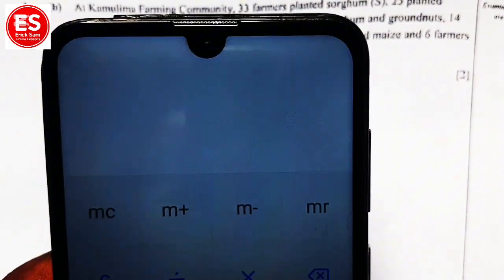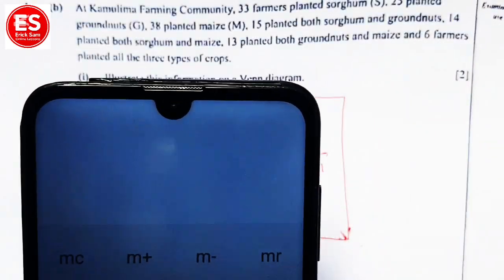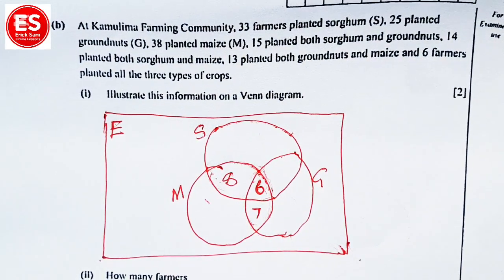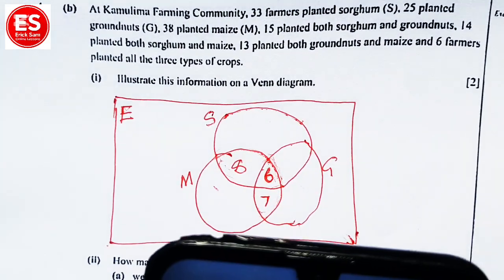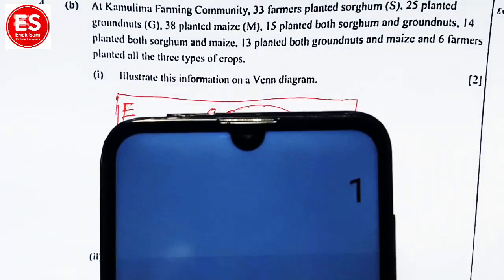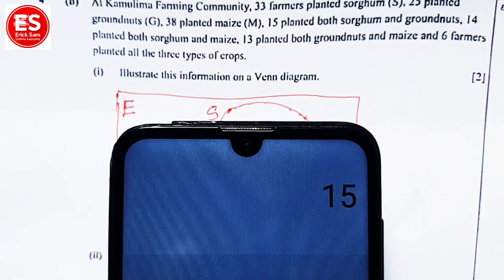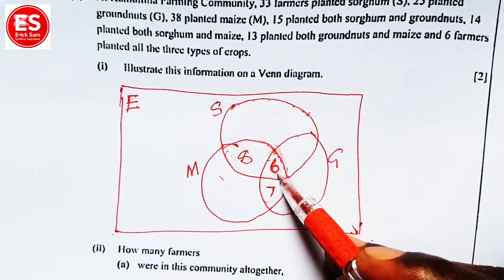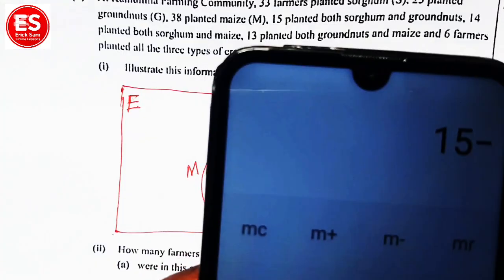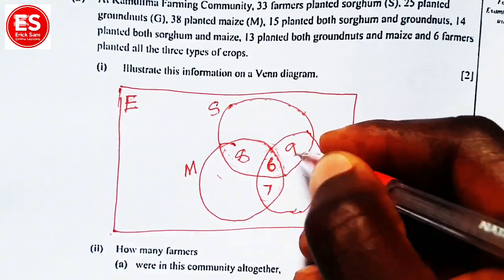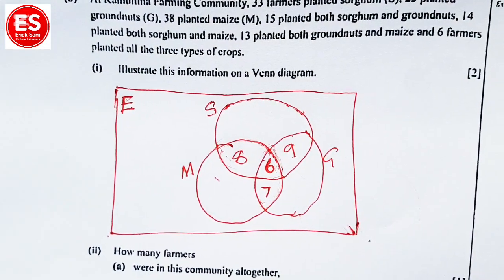You enter 15 minus 6, you are subtracting 6, and you are going to remain with 9. So you write that 9 there.